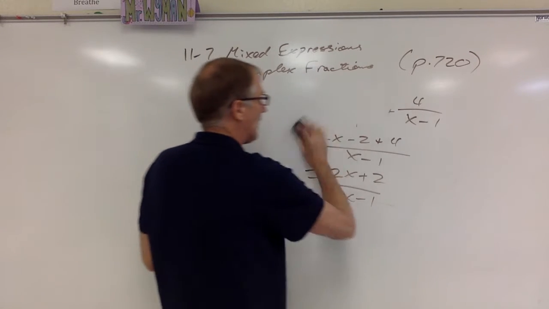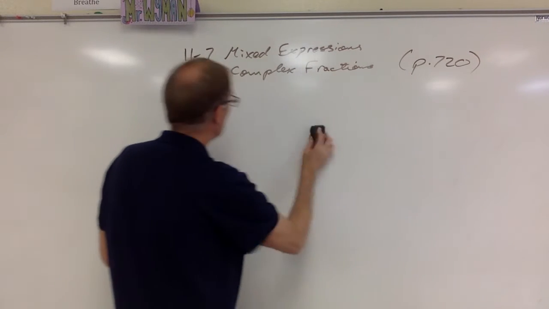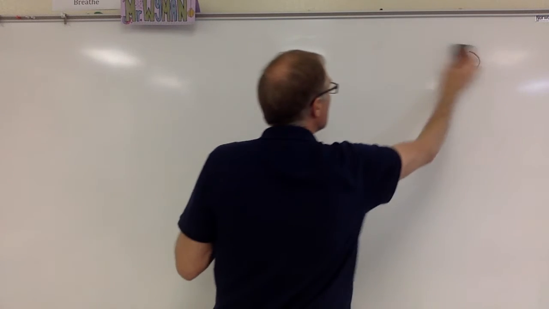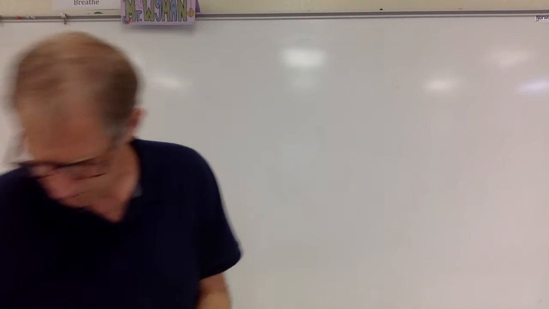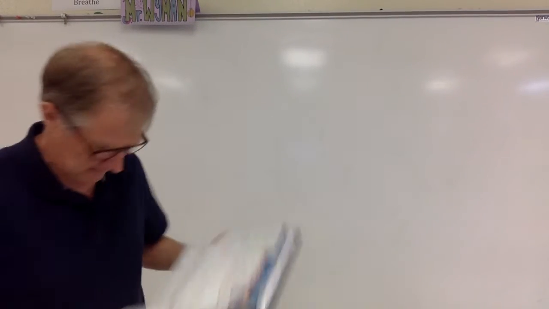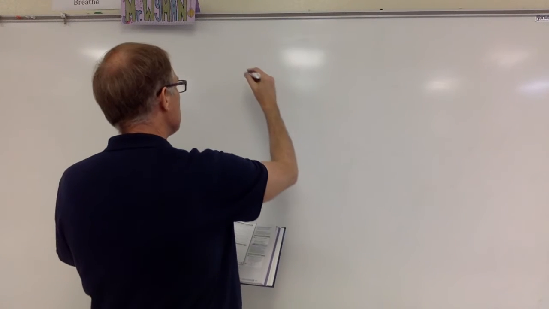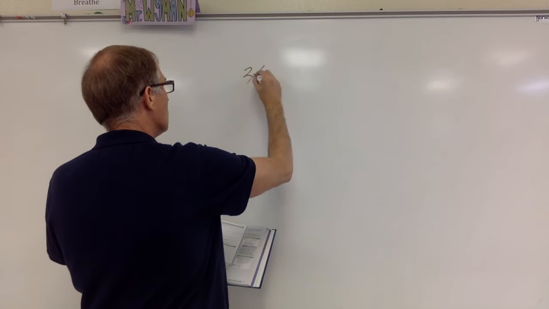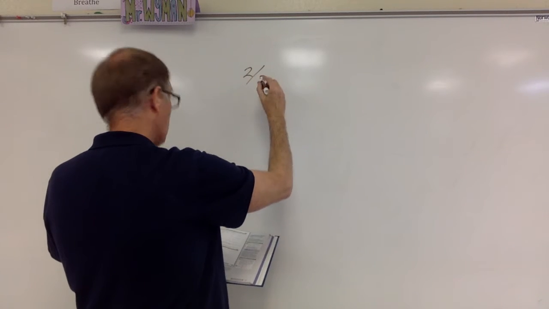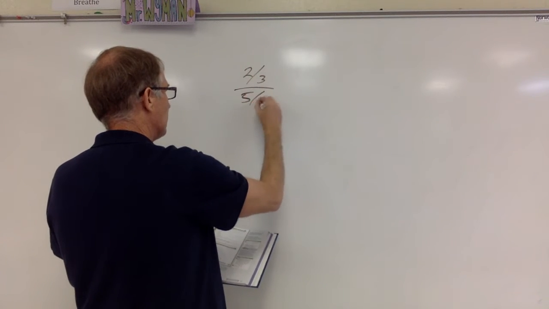The complex fractions are just stuff that we've been doing earlier. A complex fraction would be something like 2/3 divided by 5/8.